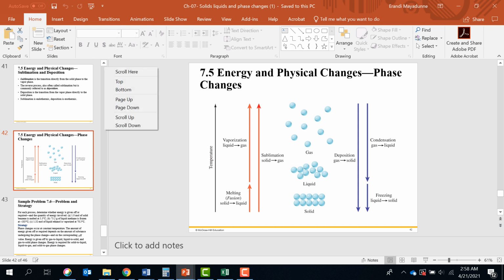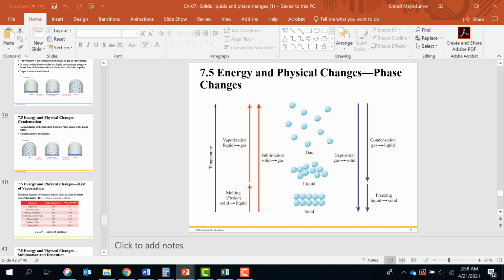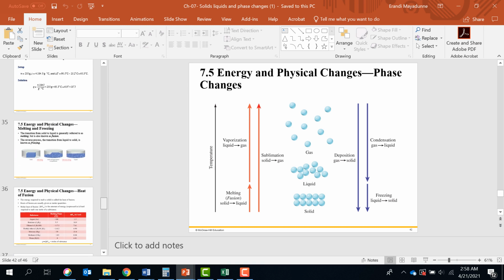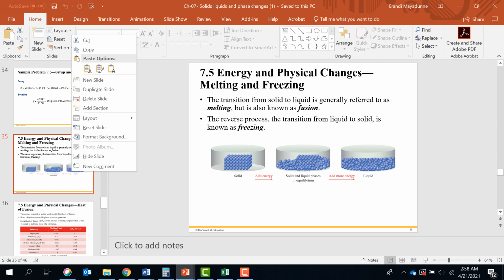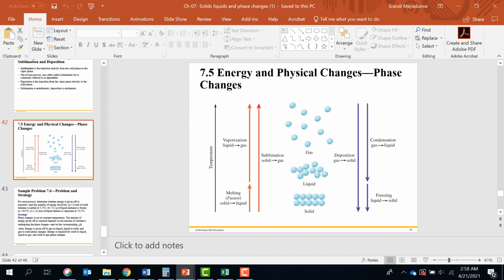Let me double check it. Did I say it correctly? I don't want to confuse it. Okay, so let's think about it. Solid becoming liquid is ice becoming water. You need to provide energy. Let's go back again to the table. Ice becoming liquid, you need to provide energy. Melting, so the temperature increases.